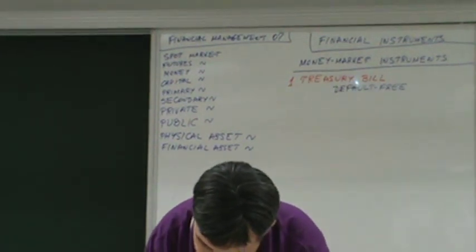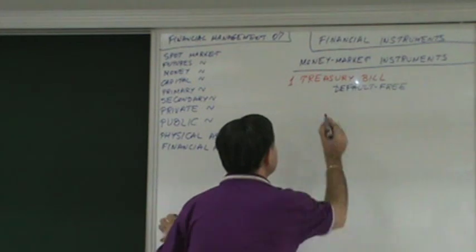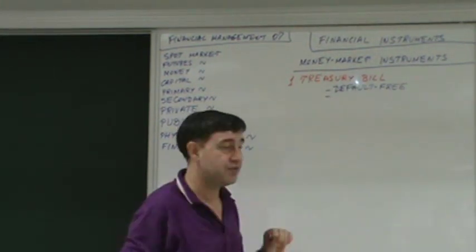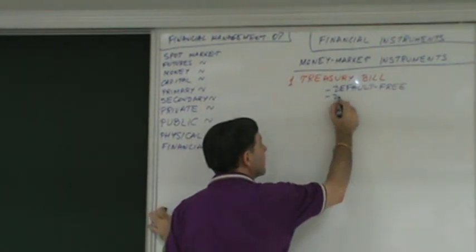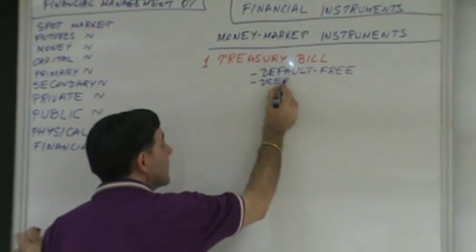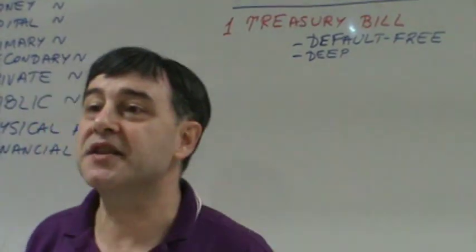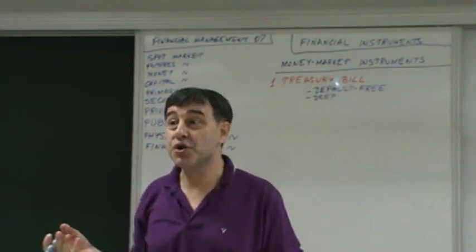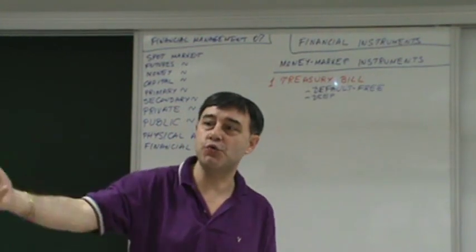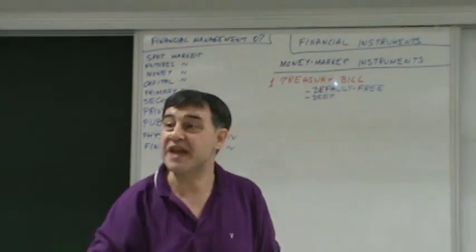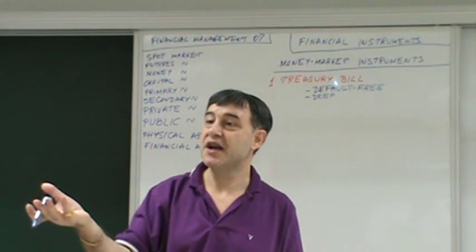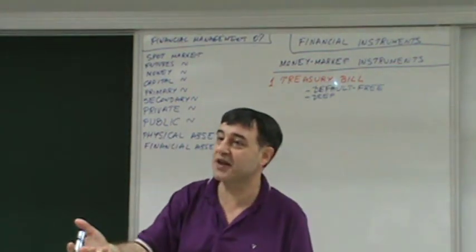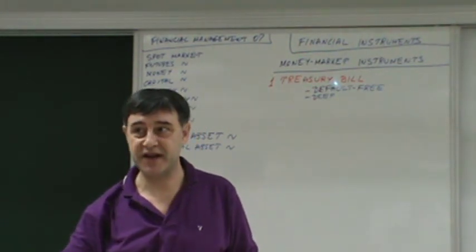Let me see, what other characteristics does it have? The market is deep. A deep market is practically the same as liquid. You can buy huge quantities without driving up the price, and alternatively, you can quickly sell a huge quantity without driving the price down.